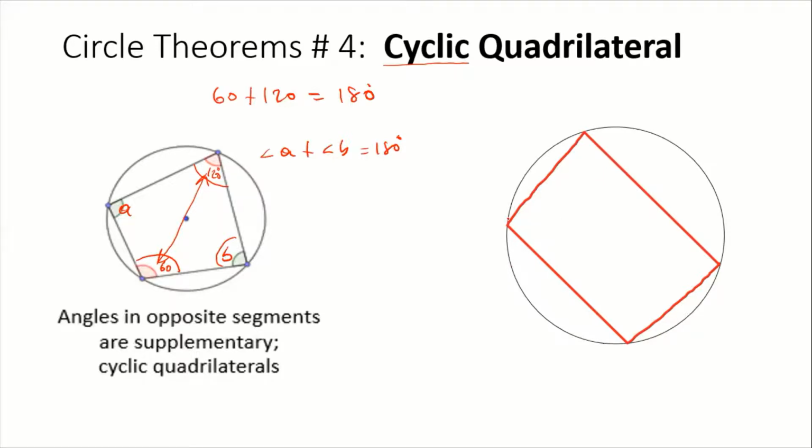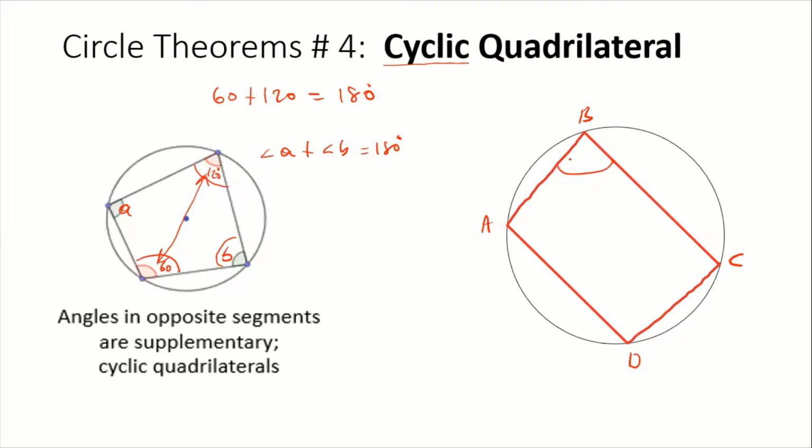So let's say that in this cyclic quadrilateral, we have A, B, C, and D. Note that this is not drawn to scale.